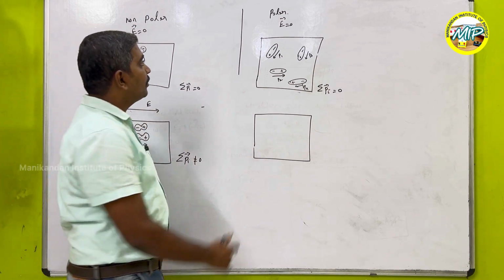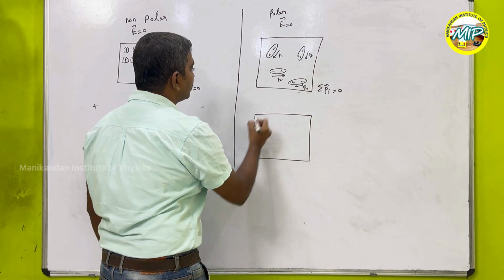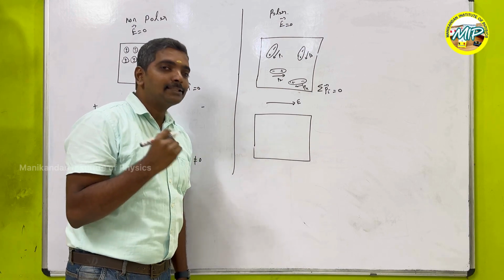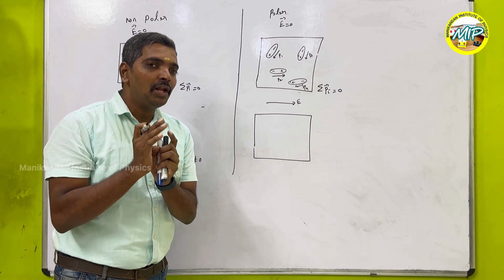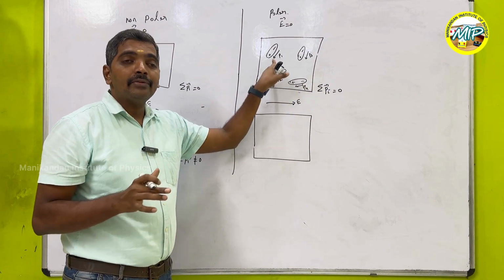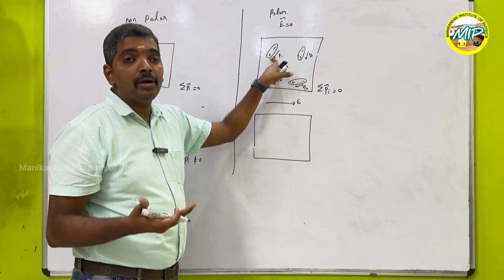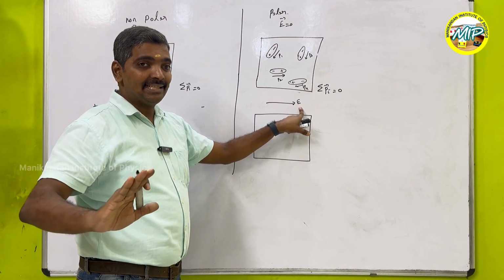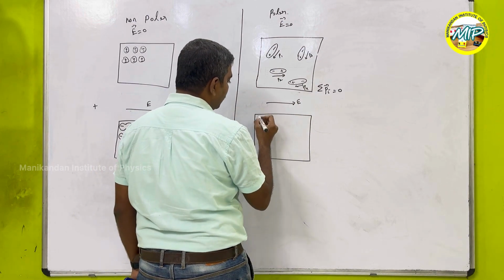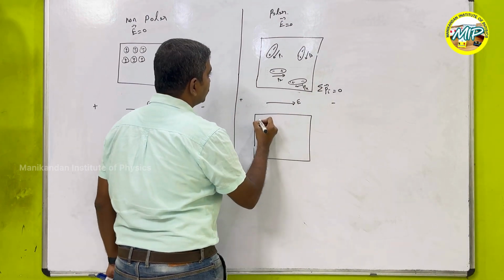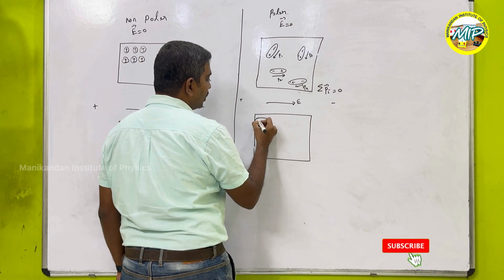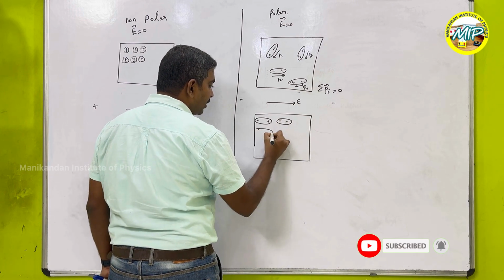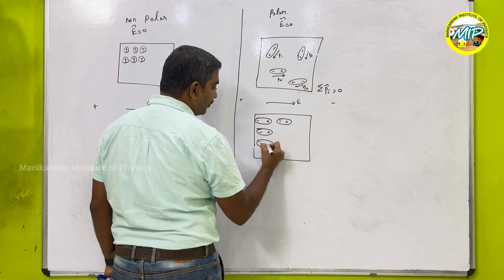Okay, next, what happens to my polar molecules? In the case of polar molecules, if I apply my external electric field here, the work done by the external electric field is very, very small, because there is already an intrinsic dipole moment. The work done by the external electric field is just aligning the molecules. Now listen, this is my positive charge, this is my negative charge: minus plus, minus plus, minus plus, minus plus.